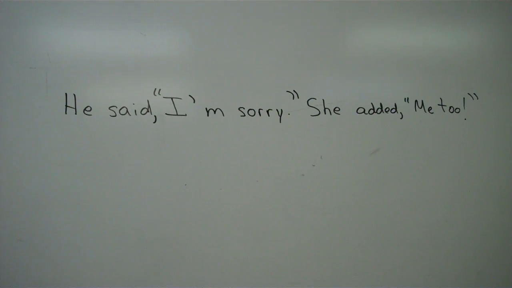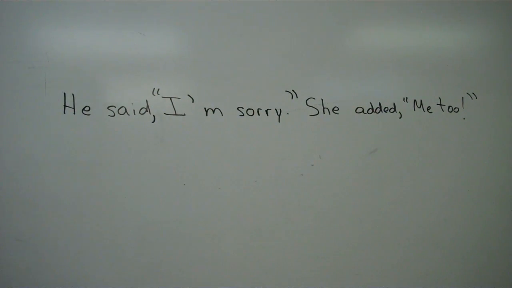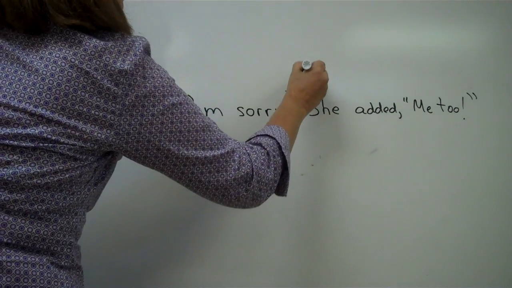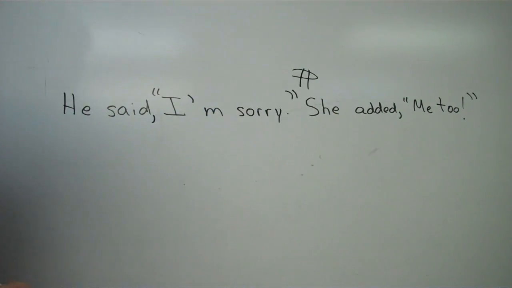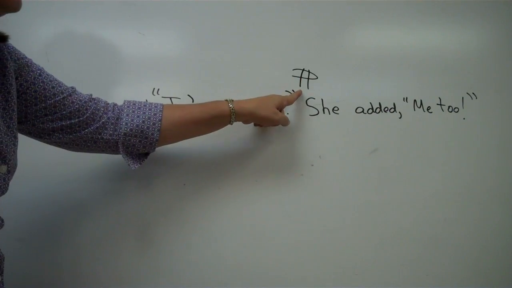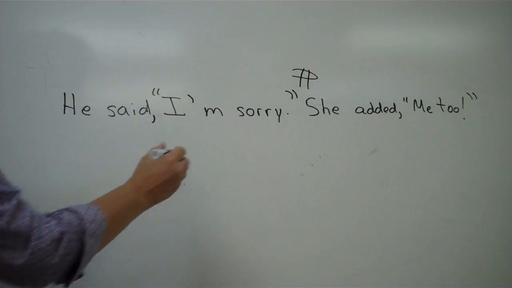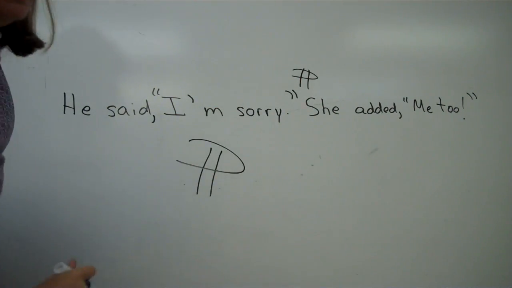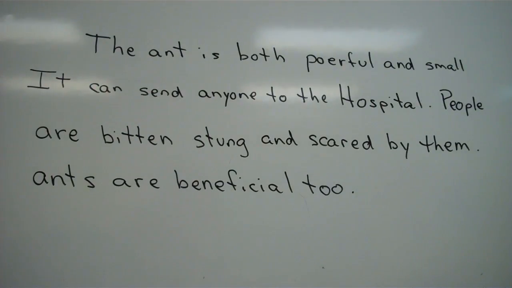Remember that when writing a dialogue, if somebody else speaks, you must start a new paragraph. You must indent. So in this case, the teacher would put an editing mark for new paragraph to indent. It goes like this. That means that here a new paragraph starts. This is the symbol for paragraph.